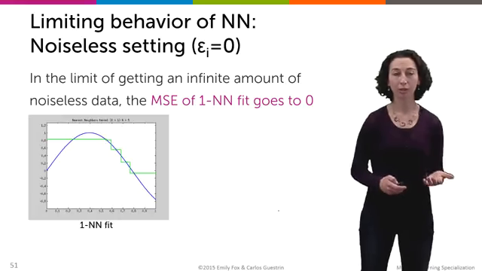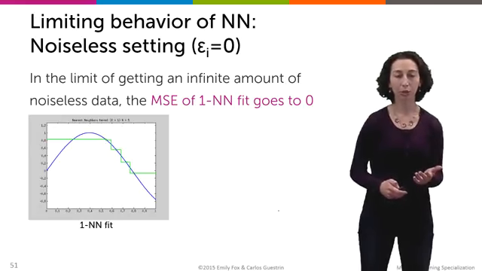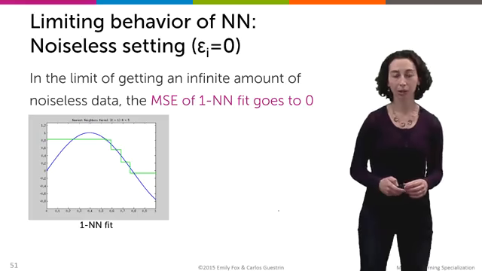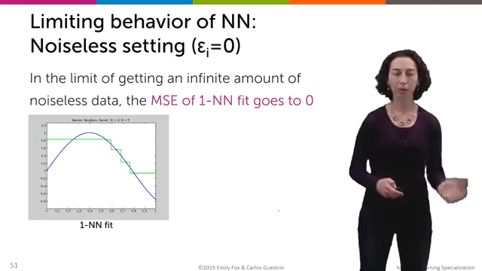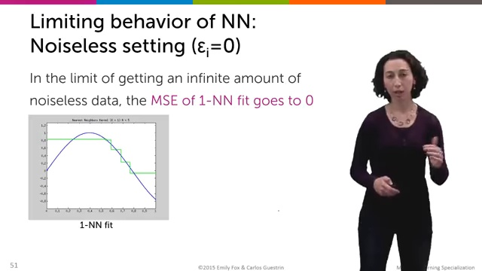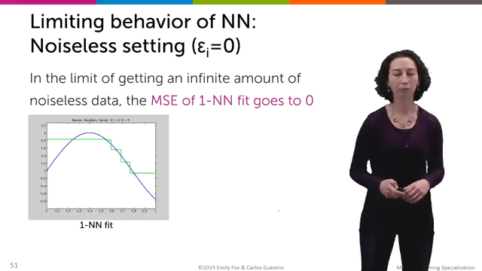To motivate this visually, let's look at a couple movies. Here in this movie, I'm showing what the one nearest neighbor fit looks like as we're getting more and more data. Remember, the blue line is our true curve. The green line is our current nearest neighbor fit based on some set of observations that lie exactly on the true function, that blue curve.